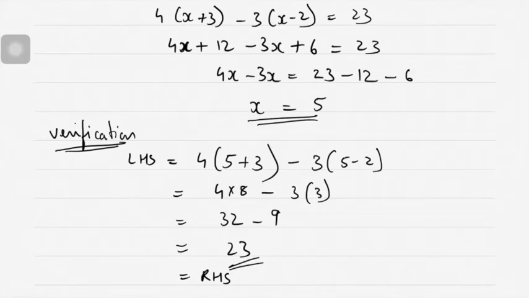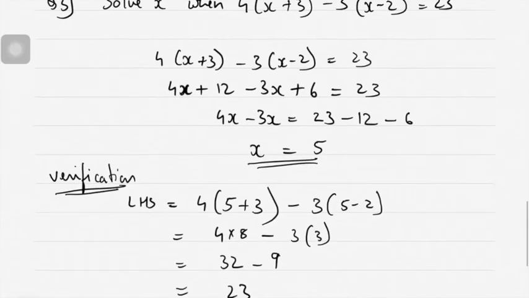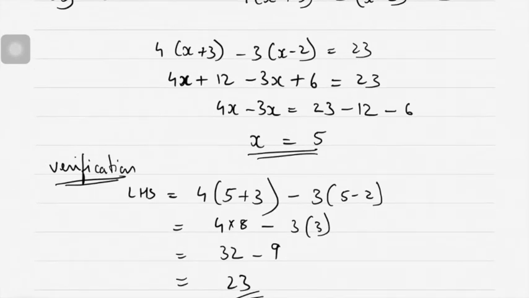So LHS equal to RHS. That means x is equal to 5. It is correct. Okay.